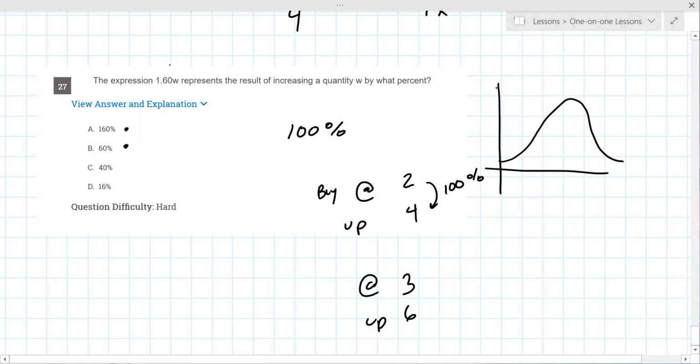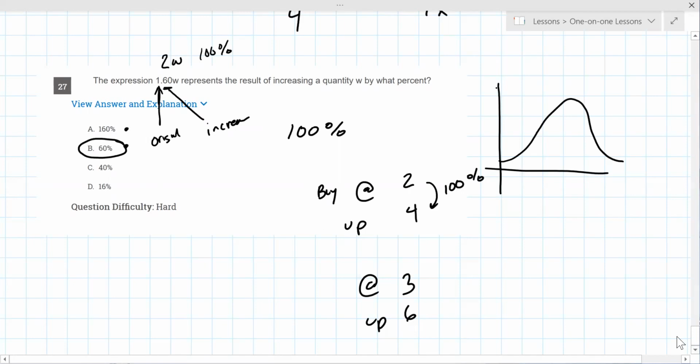So a good way to put it is a 2W would be 100%. The one gets you back to the original, and the 0.6 is the increase here. That's why this is correct.